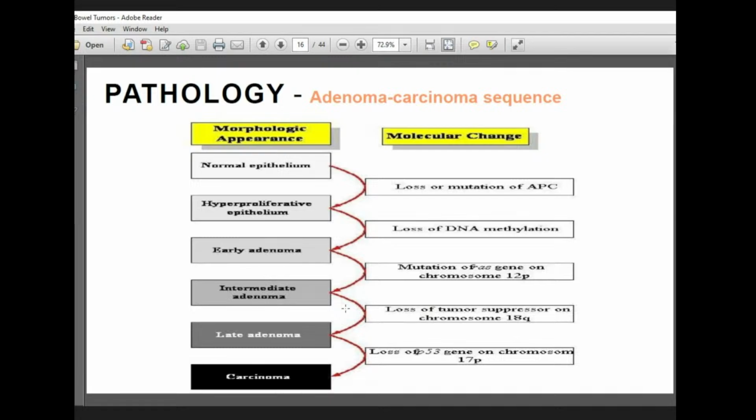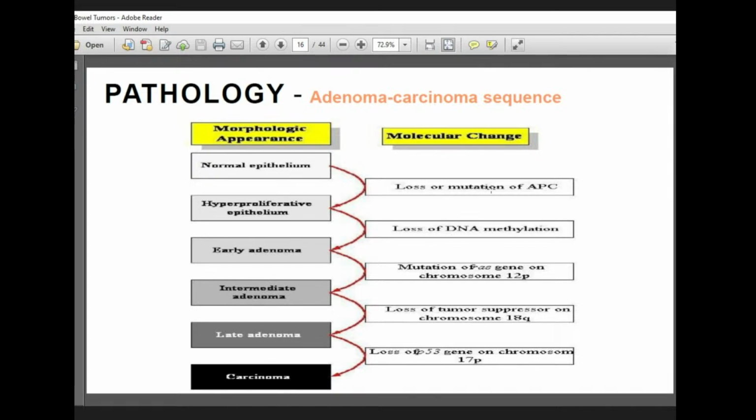So what happens in the adenoma-carcinoma sequence? First there is normal epithelium. Normal epithelium goes into hyperproliferative or hyperplastic epithelium. Then early adenoma, intermediate adenoma, late adenoma with dysplasia, or we can say adenoma with mild dysplasia, moderate dysplasia, severe dysplasia, carcinoma. And what happens over here?